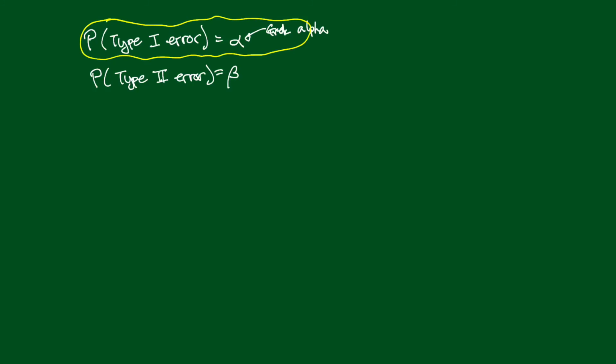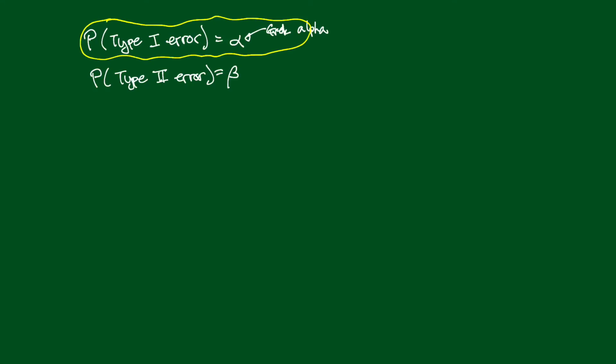If a new drug is developed, say, that cures some disease, we don't want to reject that. So we don't want to make a type 1 error, right? We don't want to reject something that really does work. So what we want to do is to keep this probability really low.